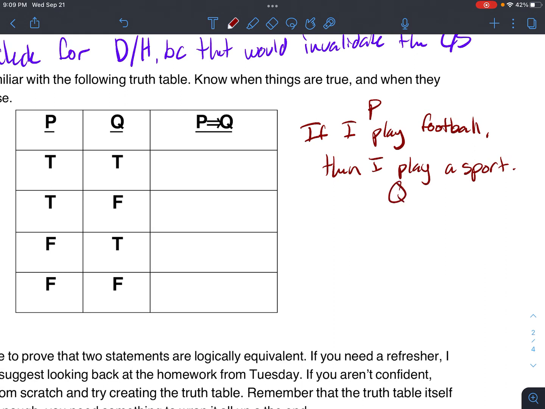So this is our P, this is our Q, okay? And we want to make sure that all of these different combinations validate or invalidate our statement.